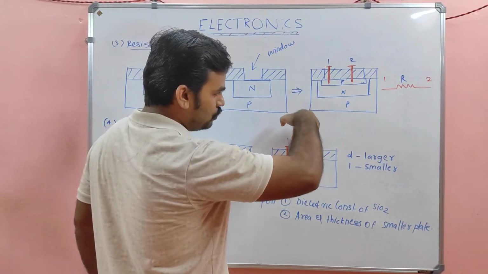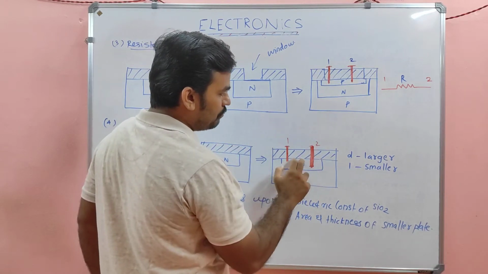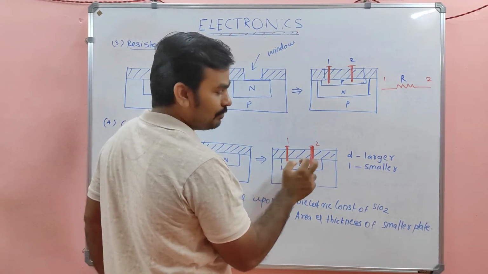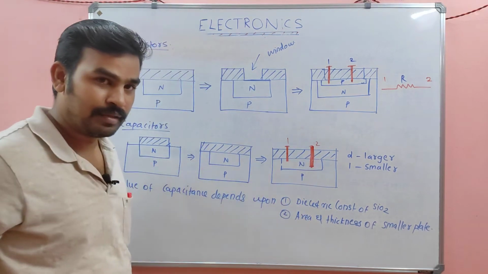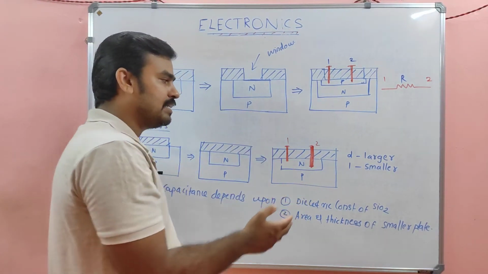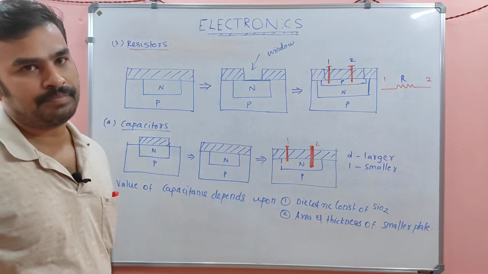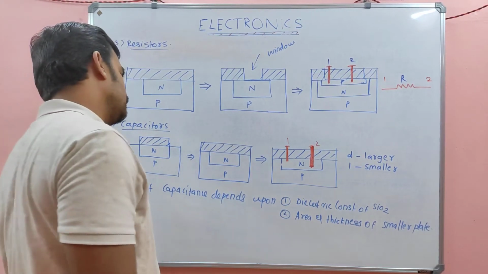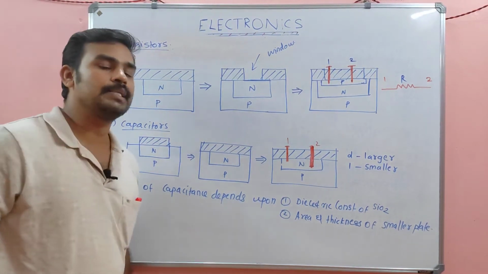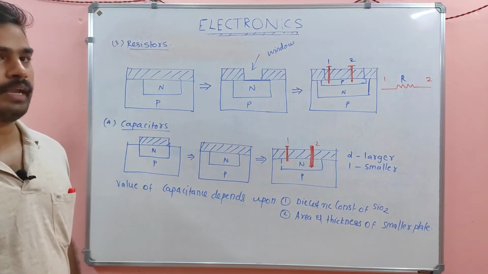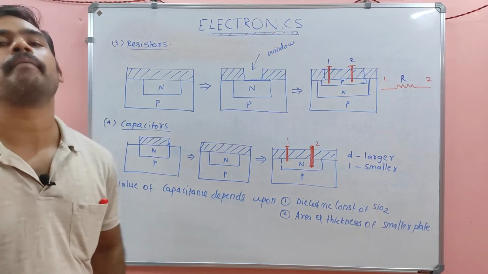So two conducting regions are separated by an insulator. This is the insulator. Is it clear? Two conducting regions are separated by an insulator. There we form a capacitor.